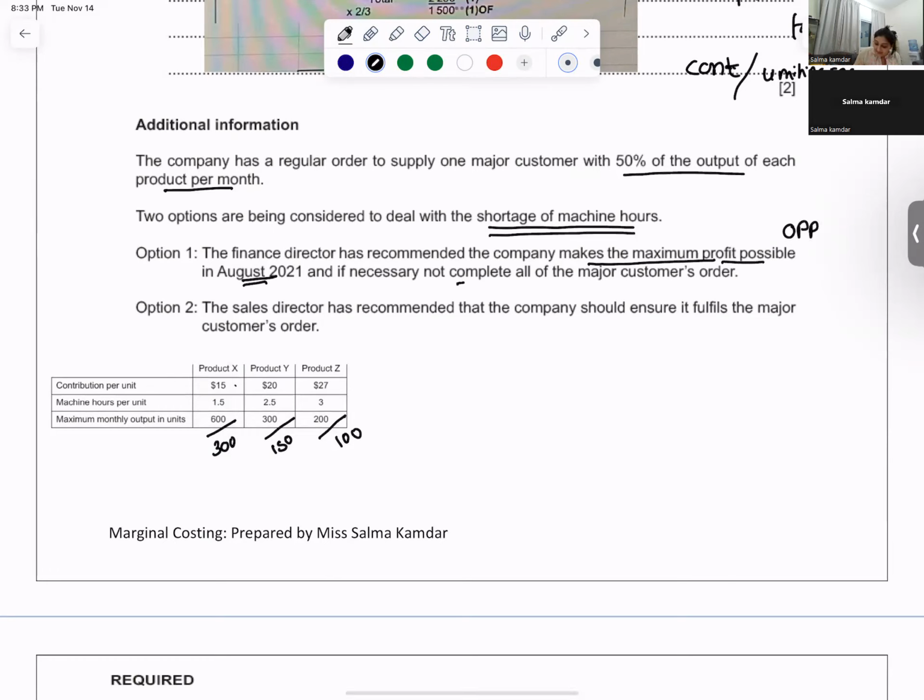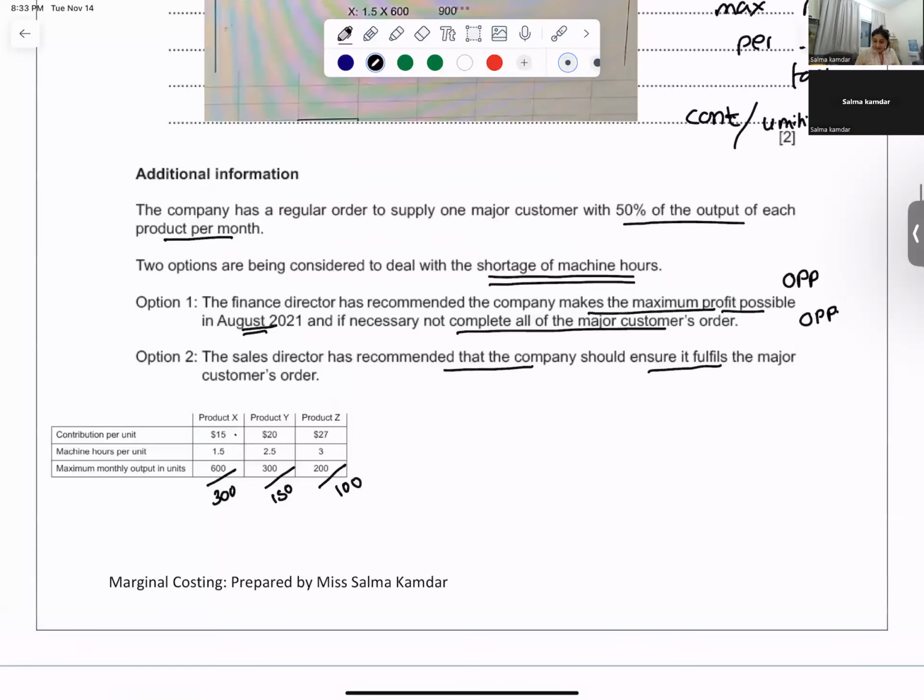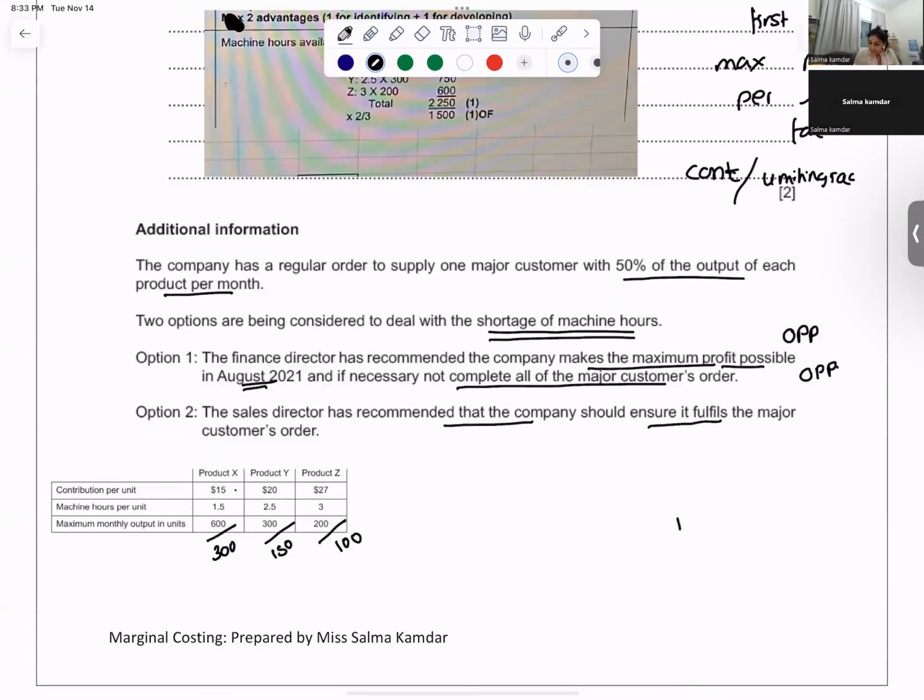And if necessary, not complete your major customer's order. So your option 1 is make an optimum product plan. Option 2 is the sales director telling that you should first fulfill your customer's order and then produce whatever you want. Now you should remember that I have only 1,500 machine hours.